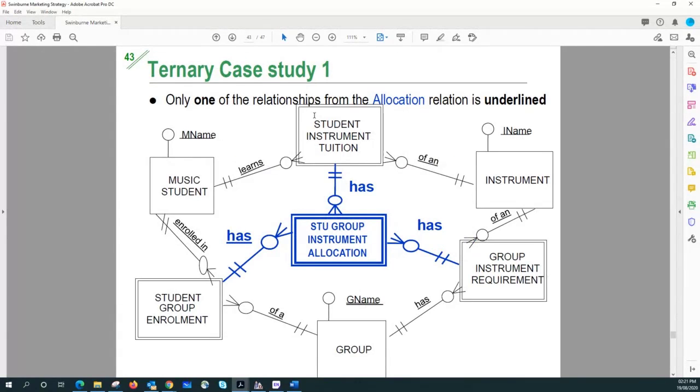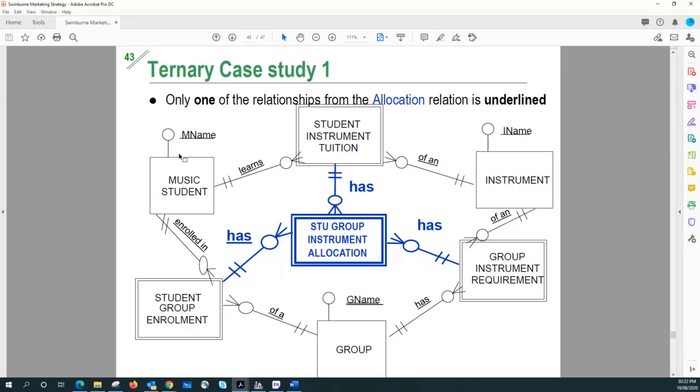So if I come back to our final model, this is the weak entity, the super weak entity here. We underline this side only, because this is where we take the group name, since this weak entity contains the identifier, or primary key, for the student group enrollment entity.